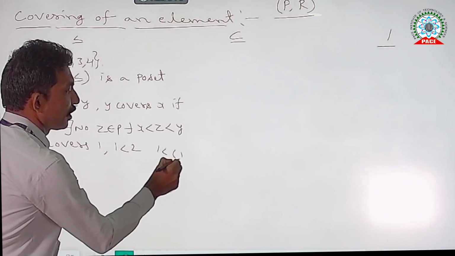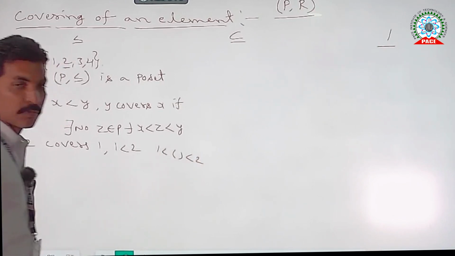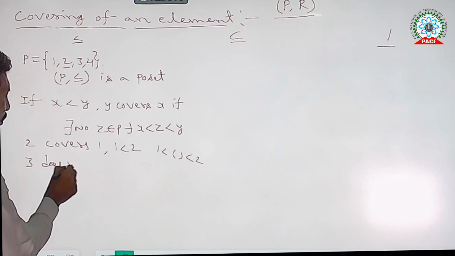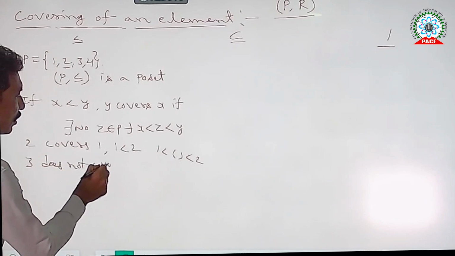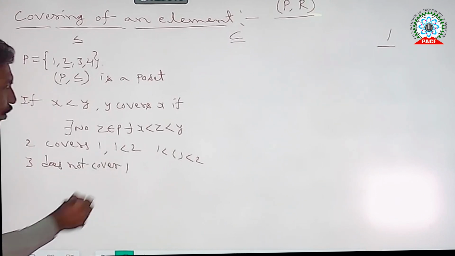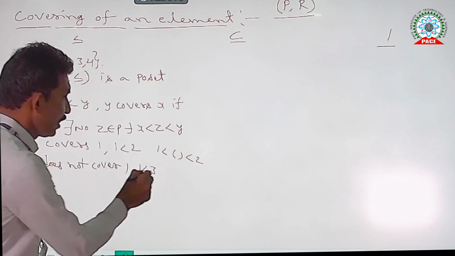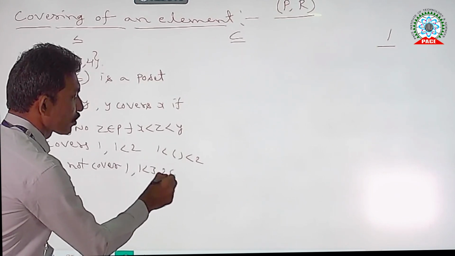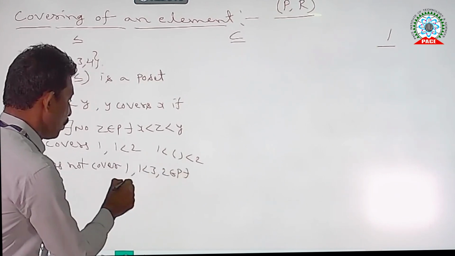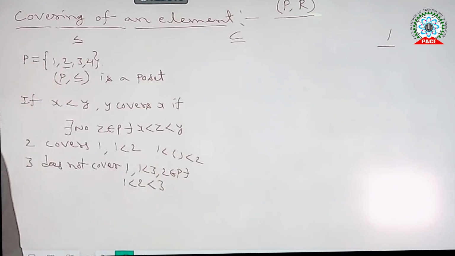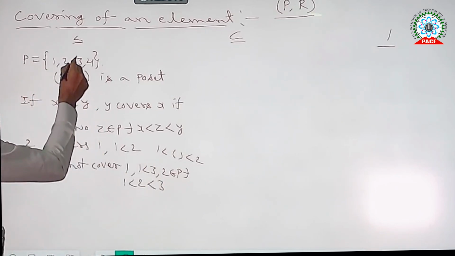Next one, 3 does not cover 1 because 1 less than 3, but there is an element 2 belongs to P such that 1 less than 2 less than 3. So 3 does not cover 1.